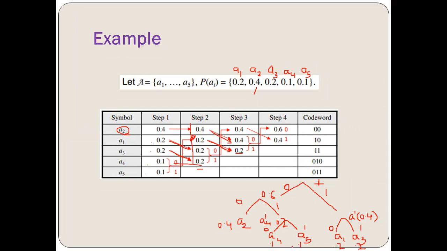How will you get the code words? Let's talk about the first one, that is A2. Where is A2? A2 is this one, right? I have to track the code from root to the leaf. So from the root, this is the one. I'll track it 0 and then 0.